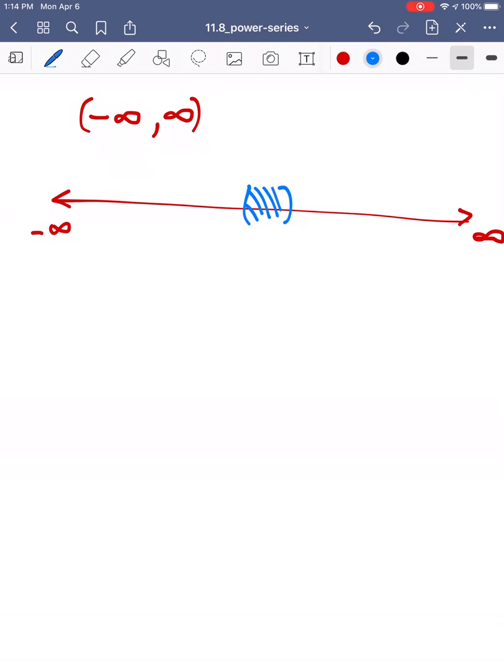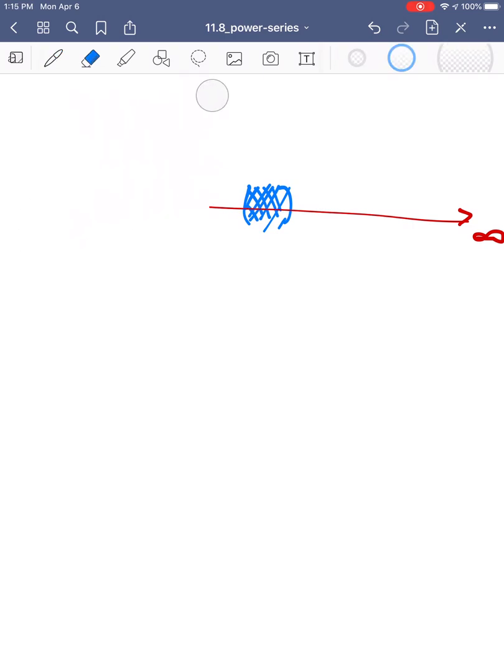That's our goal with ratio test here. Basically, take this minus infinity to infinity possibility and really narrow it down into some region that could make this series converge. So let's go ahead and apply ratio test.